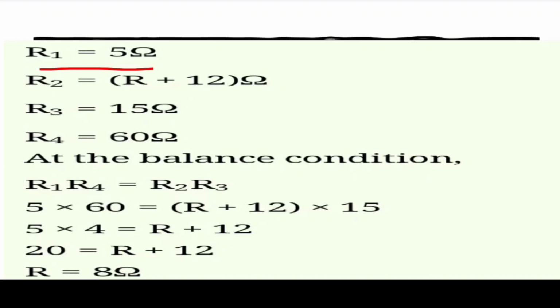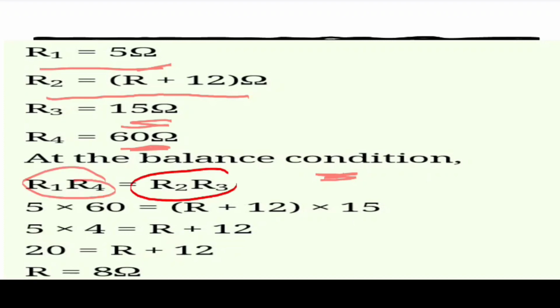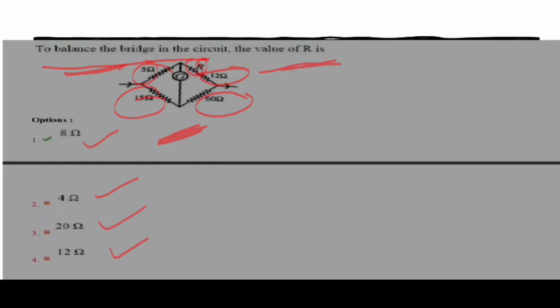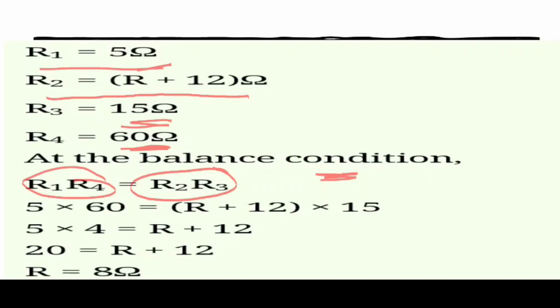Given R1 equals 5 ohms, R2 equals R plus 12 ohms, R3 equals 15 ohms, R4 equals 60 ohms. At the balance condition, R1 R4 equals R2 R3.